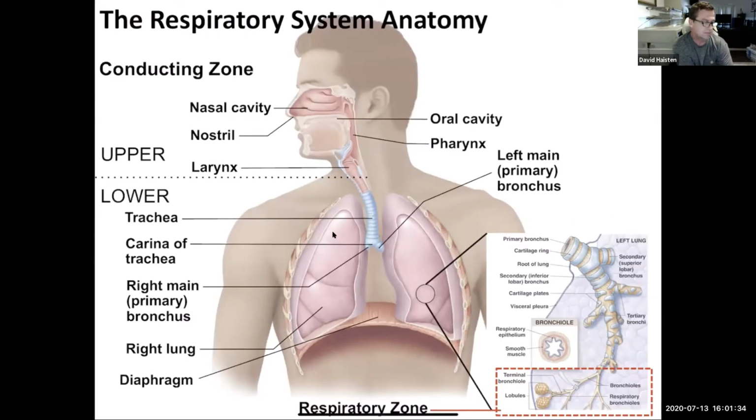Okay, so here's all the different levels of the respiratory system. Well, basically you have a conducting zone, just channeling air through. And then you have a respiratory zone. So conducting zone.